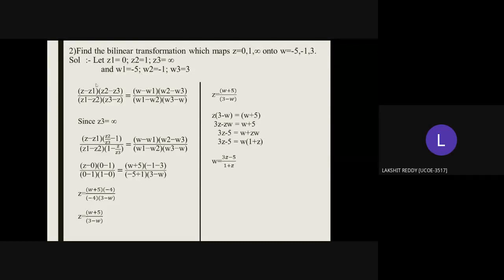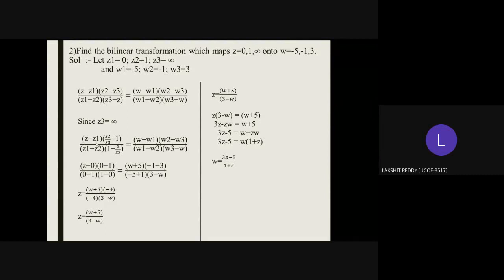Next we will be applying the result. Since bilinear transformation preserves cross ratio and 3 points are given to us, we have the result (z minus z1)(z2 minus z3) upon (z1 minus z2)(z3 minus z) equals (w minus w1)(w2 minus w3) upon (w1 minus w2)(w3 minus w). Here comes the very important part. Since z3 is infinity, see where z3 is involved. z3 is involved in the LHS.